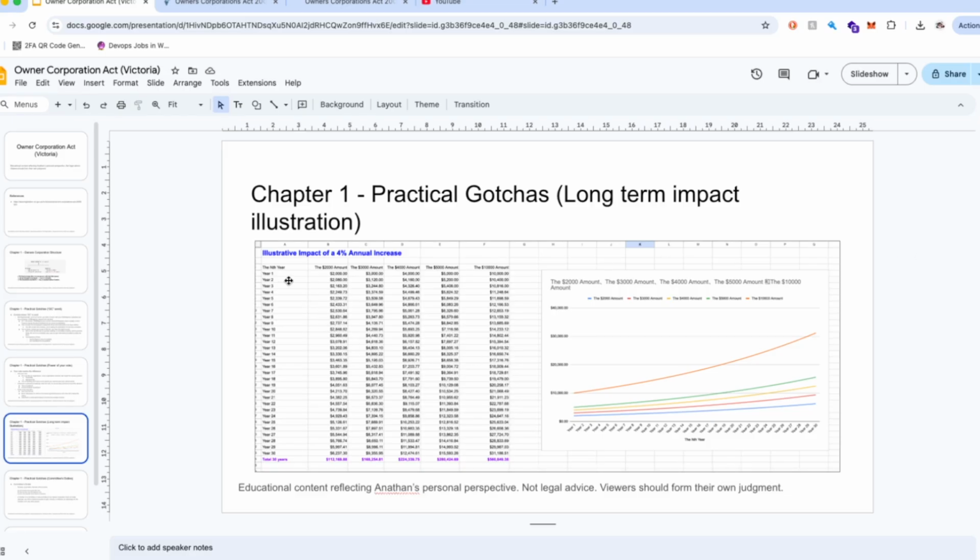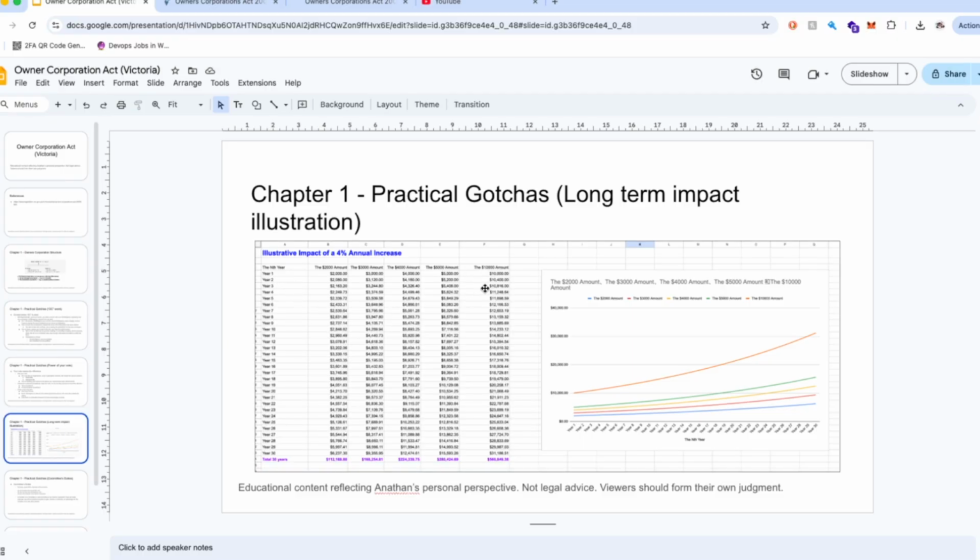As you can see, I've listed over 30 years, because generally when you bought your property, the common standard is a 30-year long-term loan. So whether you are paying a 2,000 annual fee, 3,000, 4,000, 5,000, or a 10,000 annual fee.